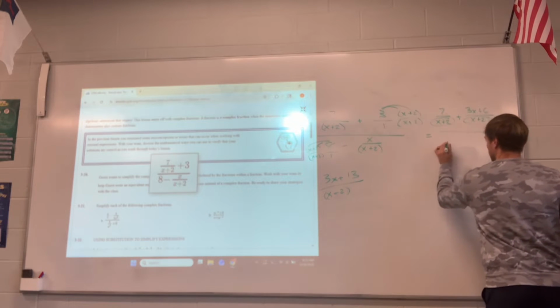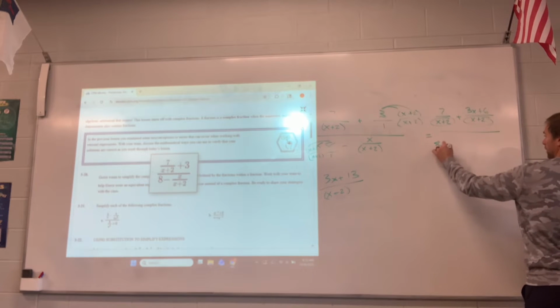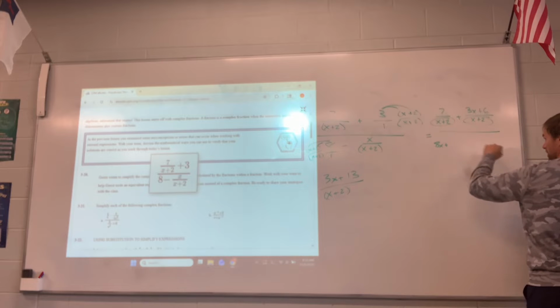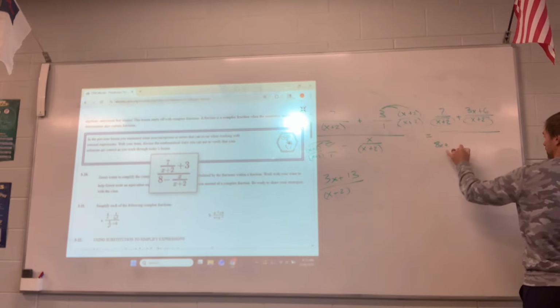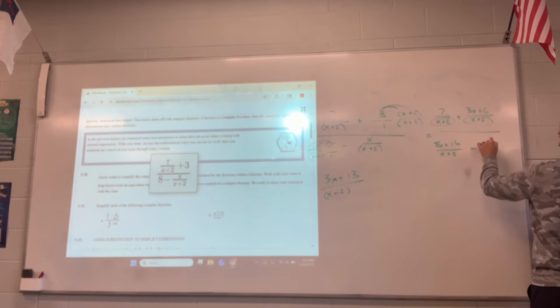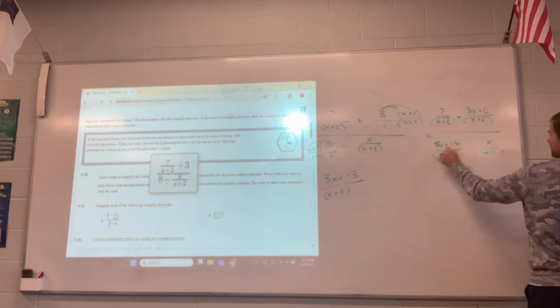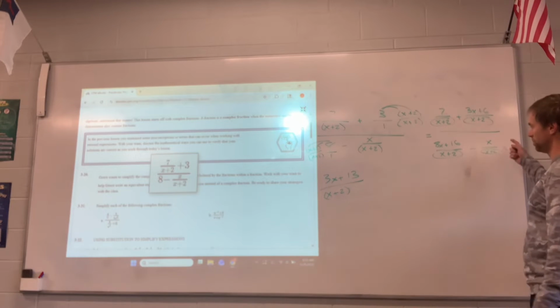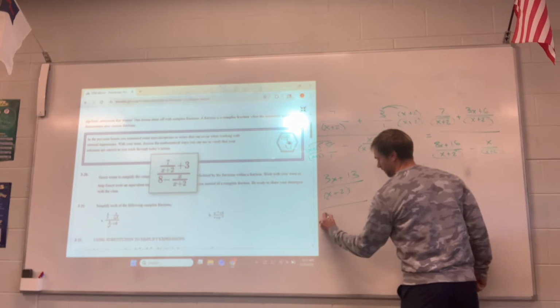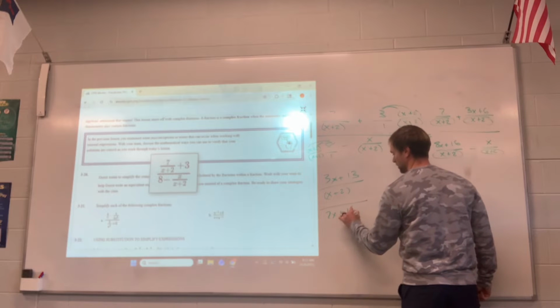Distribute. I will get 8x plus 16 minus x over x plus 2. Now the common denominator is there. So what does this become? 7x plus 16 over x plus 2.